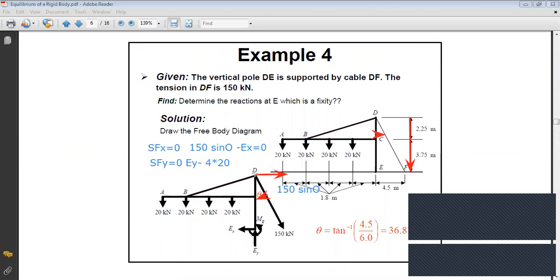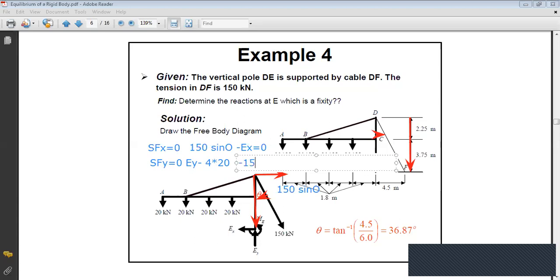So as you can see here, if you project it on y, it has a negative component. So we should do also minus 150 cosine theta. Okay, and this is equal to 0. Now these two equations will give us Ex and Ey.